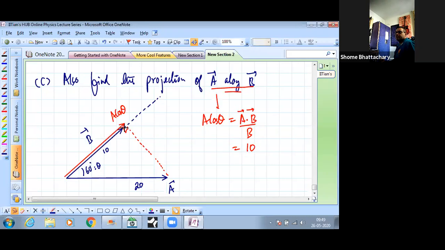These two vectors are exactly equal in magnitude. It's just a matter of coincidence, but here I've just asked it in terms of a scalar quantity. A cos theta, you can see, is just a scalar. You don't have to give it any direction.